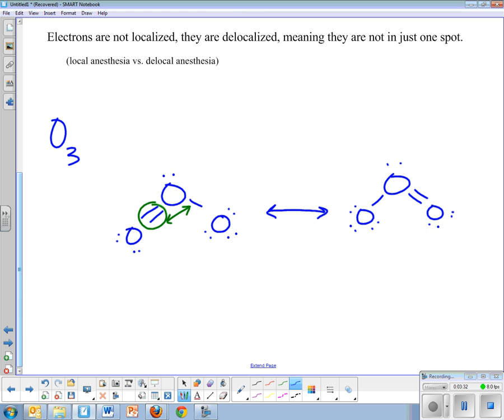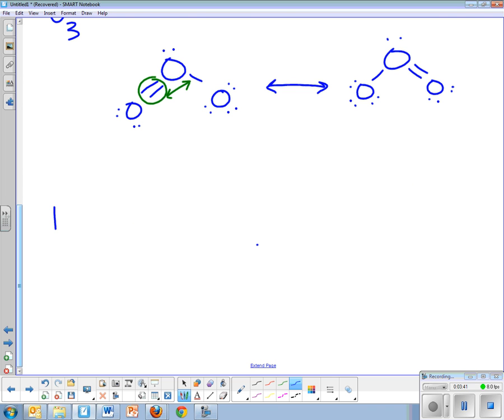Many structures have multiple resonance structures. The most famous example is benzene, and benzene is C6H6. For a while, scientists had a hard time figuring out this structure.